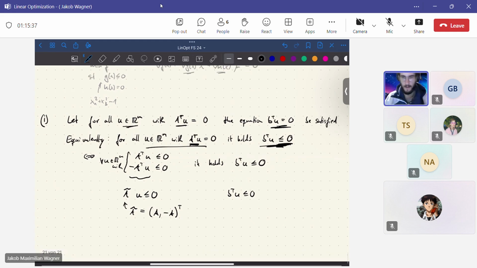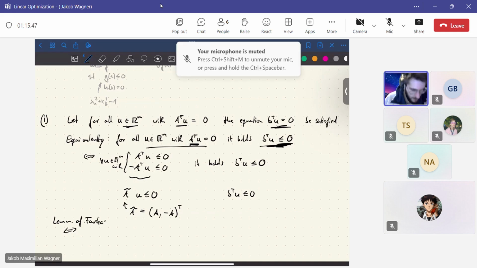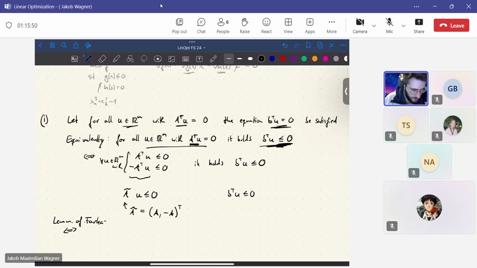And so by lemma of Farkas, as we've seen in the lecture, this is equivalent to that there exists some, and now because this matrix is larger, we have some lambda that is now in R^2m.